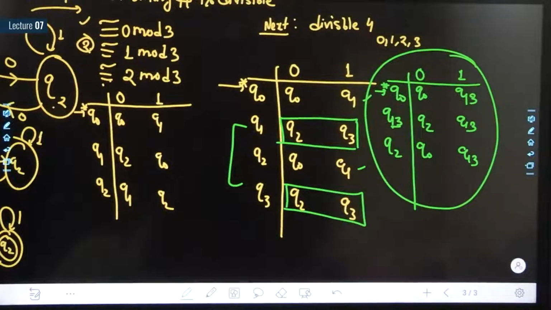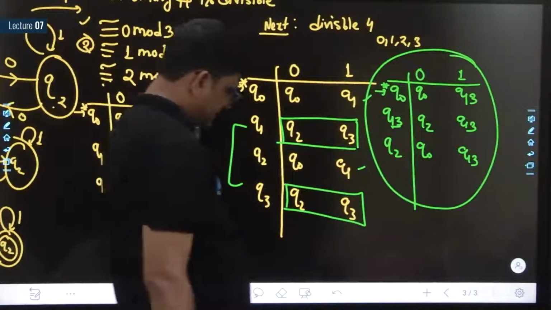Please look at this concept. Clear? See another question.